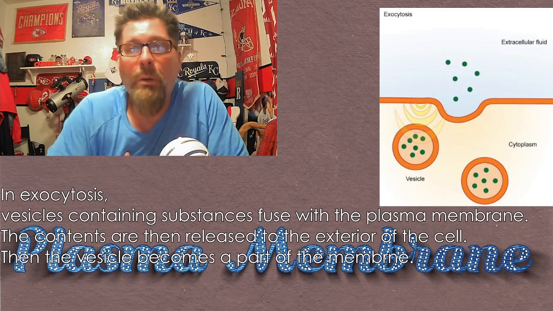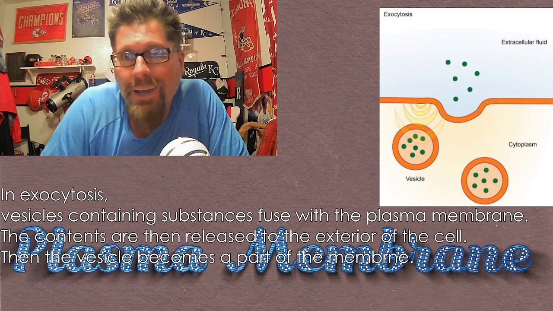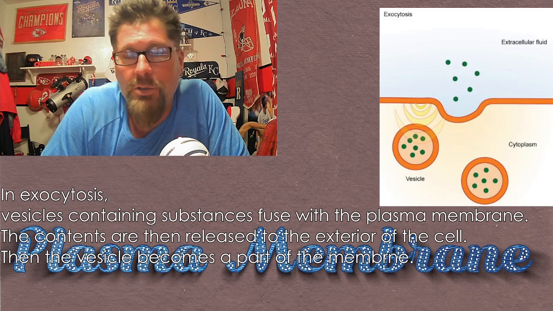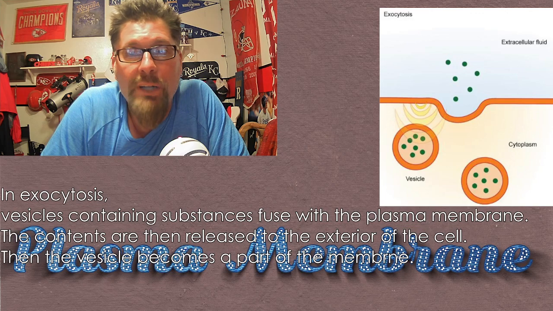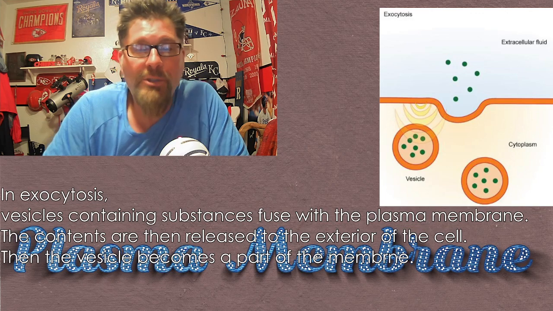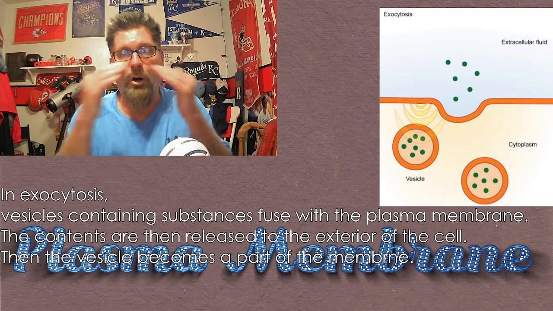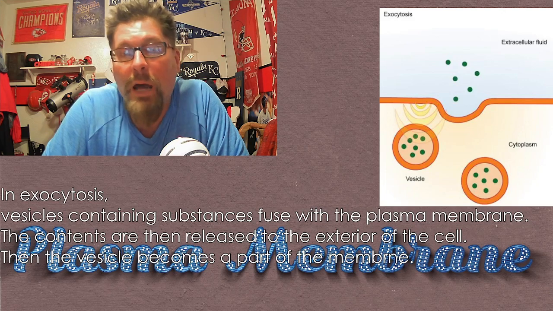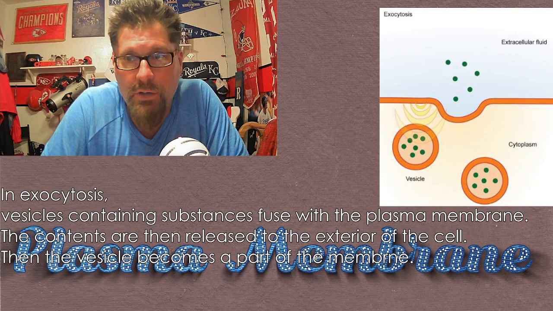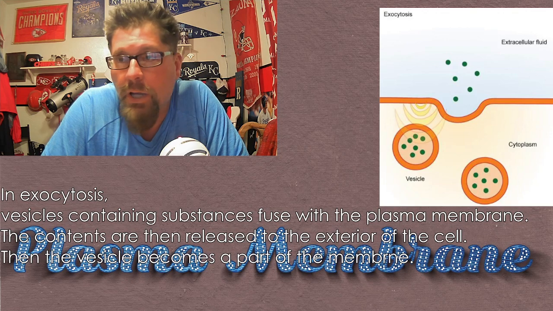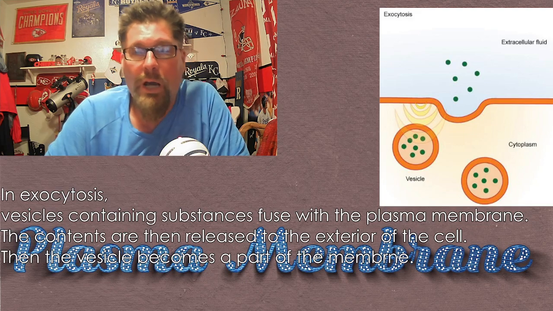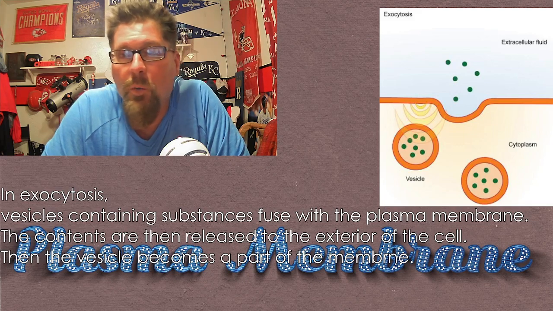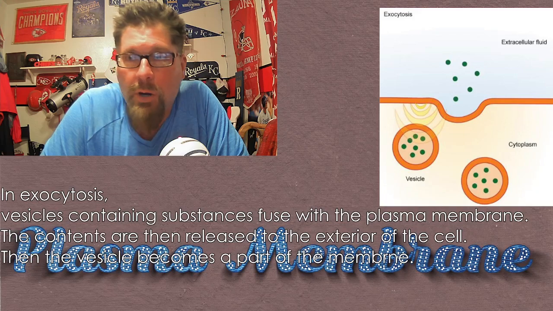And our fourth member of the bulk transport party, exocytosis. So now we're going to be doing the exact opposite. Instead of taking material in and engulfing it and then pinching that off and floating inside, now we're going to be releasing material. Here's the way this works. The vesicle, or lysosome in some cases, would approach the membrane.